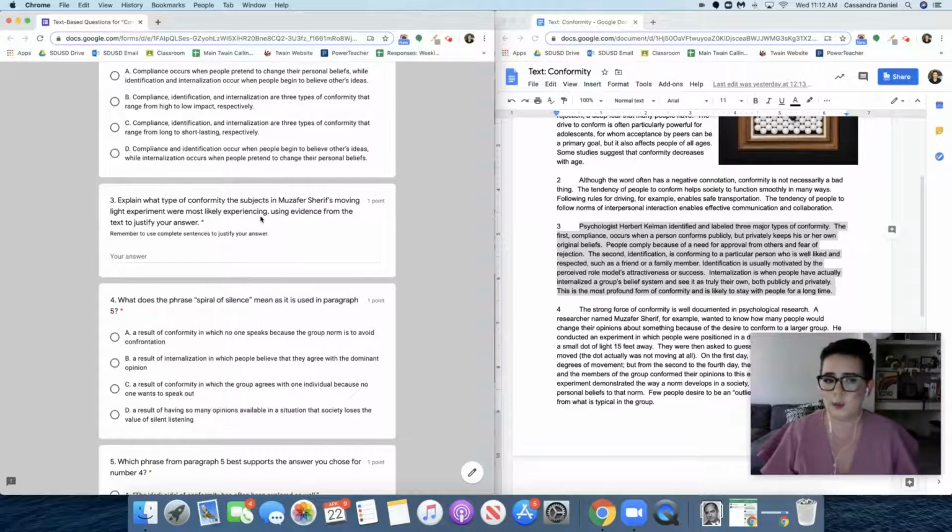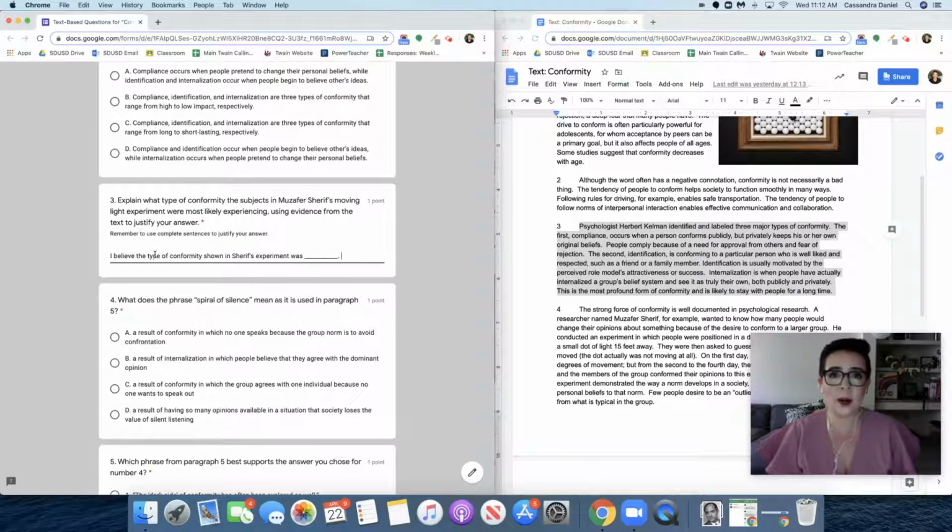Number 3, explain what type of conformity the subjects in Muzafer Sharif's moving light experiment were most likely experiencing, using evidence from the text to justify your answer. So this one, you're going to need to choose one of those 3 types, either compliance, identification, or internalization. So you would say something like, I believe the type of conformity shown in Sharif's experiment was blank.